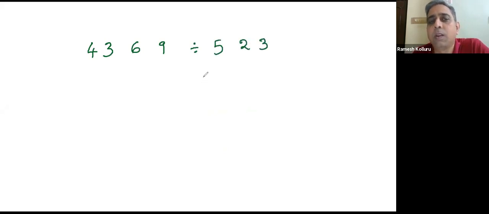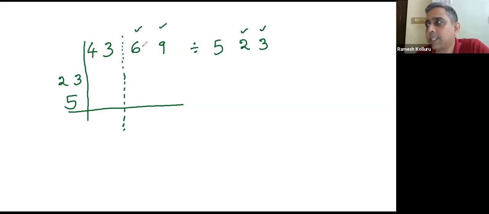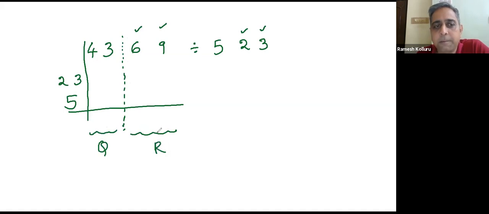As usual, I will write in this format 5, 2, 3, and then before 2 places I will draw a line, because here we are leaving 2 digits. So here also we will leave 2 digits. So this is my quotient part. This is my remainder part.